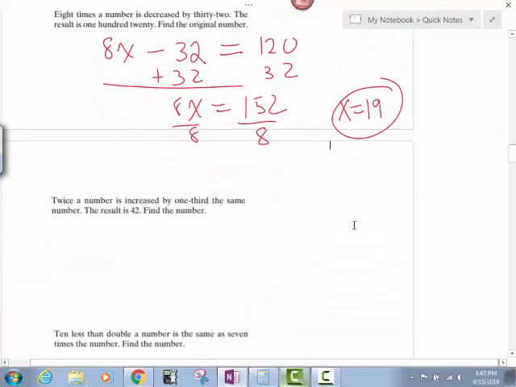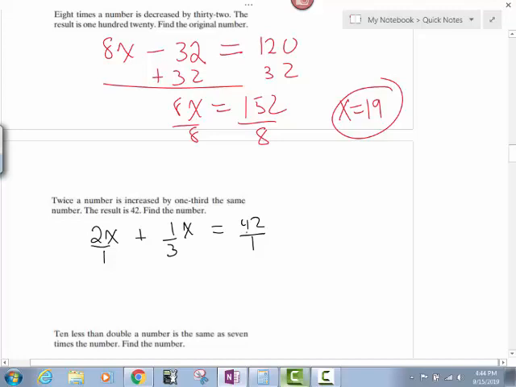Okay. The next one says twice a number is increased by 1/3 the same number. The result is 42. Find the number. So guys, first thing I'm going to do here, because I have a fraction, I think of everything as a fraction.